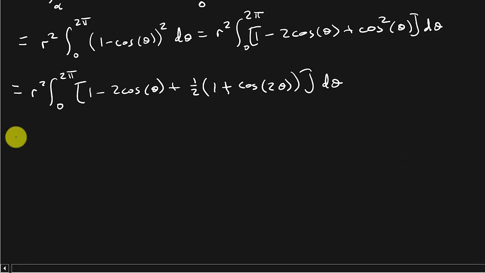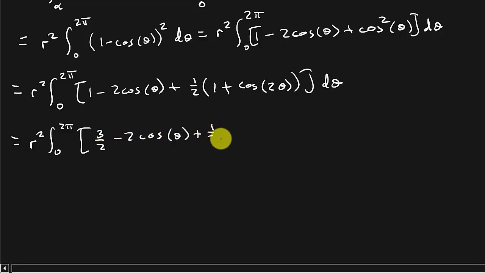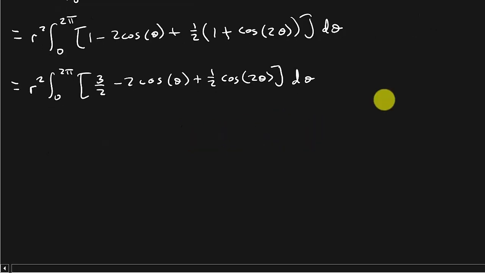And so that is going to give us r squared, 0 to 2 pi. So let's distribute the 1/2. 1/2 plus 1 is 3/2, minus 2 cosine theta plus 1/2 cosine 2 theta d theta.